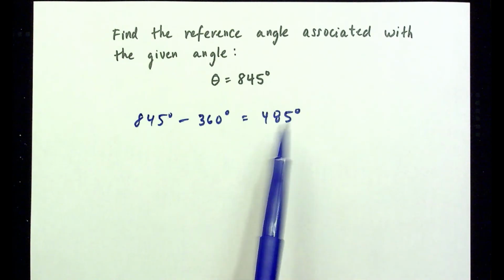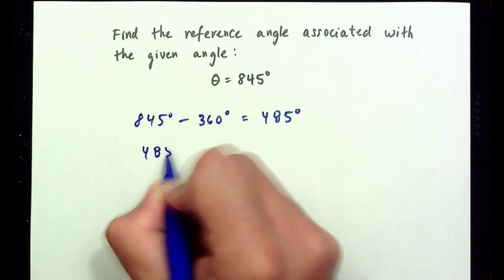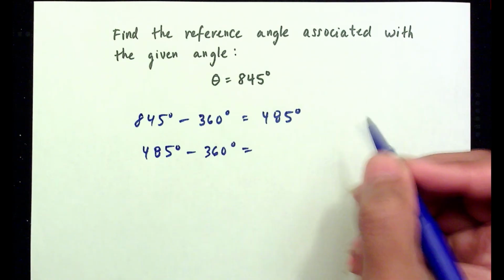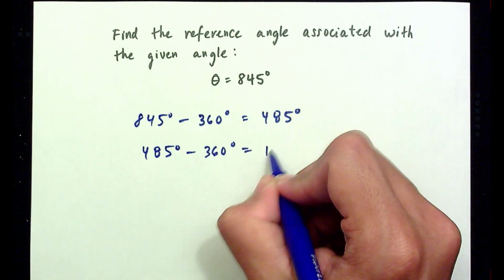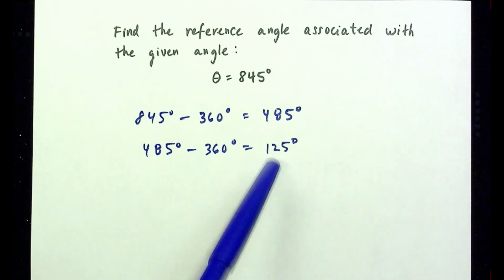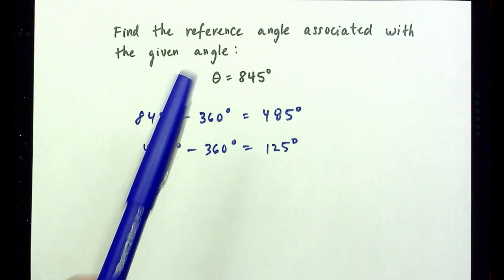But it is still too big because it is bigger than 360. So we can make it smaller by doing this one more time. Subtract 360 again, and you get 125 degrees. And that is a coterminal angle, meaning that angle has the same picture as this one. So it is a coterminal angle, it is not the reference angle.